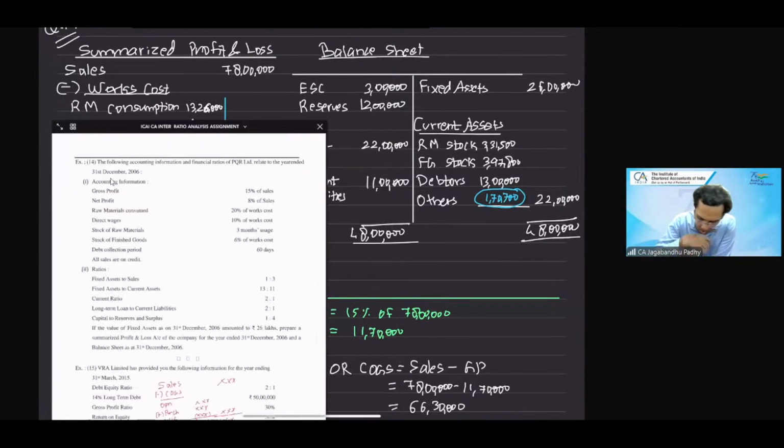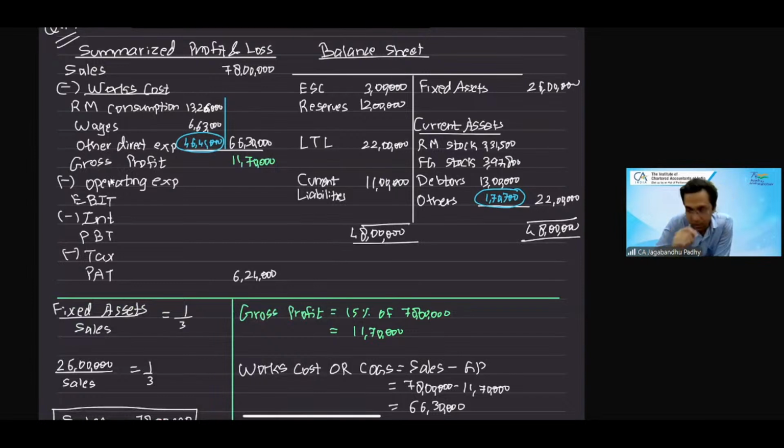If it had been given, then we would have done opening stock of raw material, add raw material purchases, less raw material closing stock, add wages, direct expenses, then add opening stock of finished goods, less closing stock of finished goods. All those things we would have done had we been given the information about the opening stock, but we don't have it. Okay. Got it? Yes, sir.